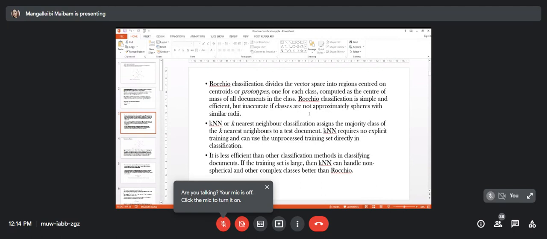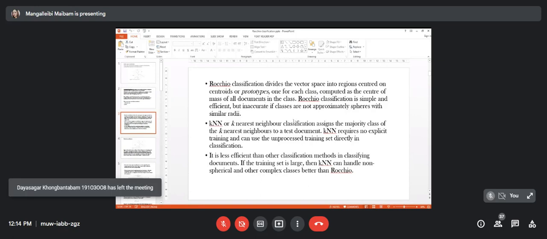Now, Rocchio classification, this calculation will be easy and efficient, but sometimes the accuracy may be less. The accuracy you obtain may be less if classes are not approximately spheres with similar radii.